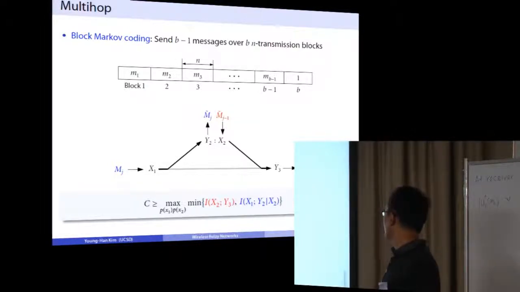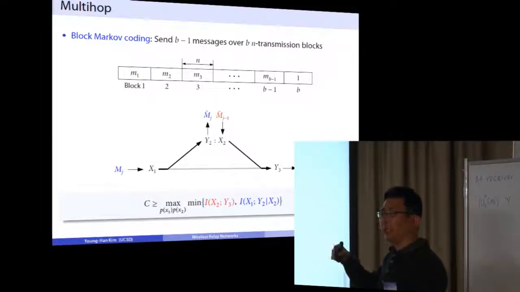And the final destination node would like to recover X2 by treating everything else as noise. So the previous block's message MJ minus 1 is recoverable if that rate is less than I(X2; Y3).